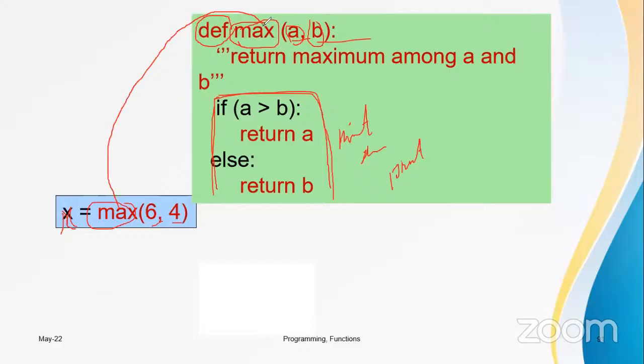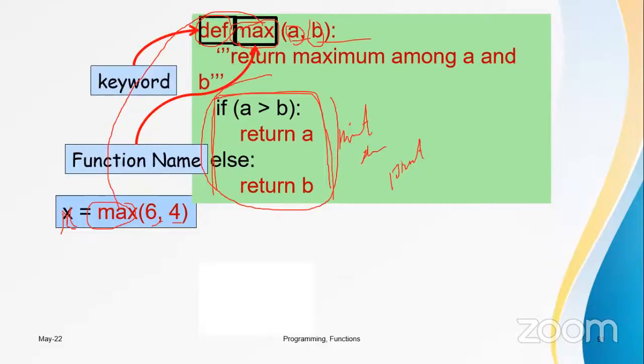So maximum is a function definition. What is the function of the definition? To find whether A is greater than B or not, then print out. So now what happened? This is the keyword. This is the function name.